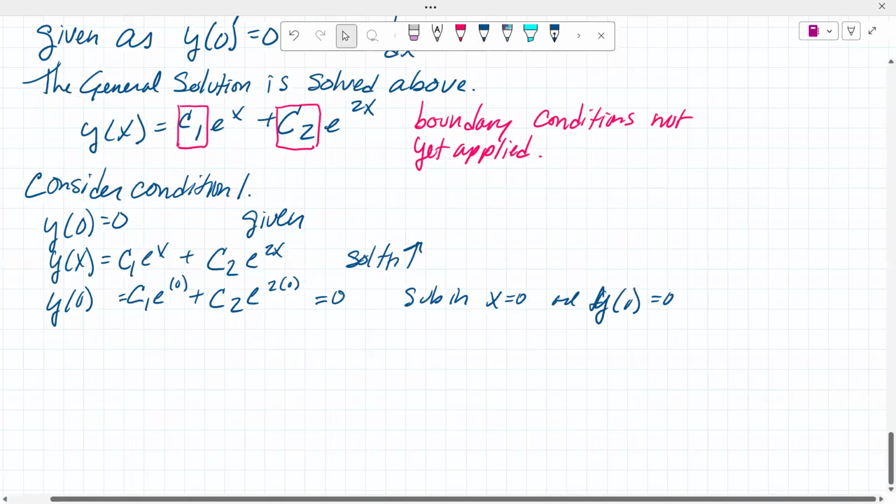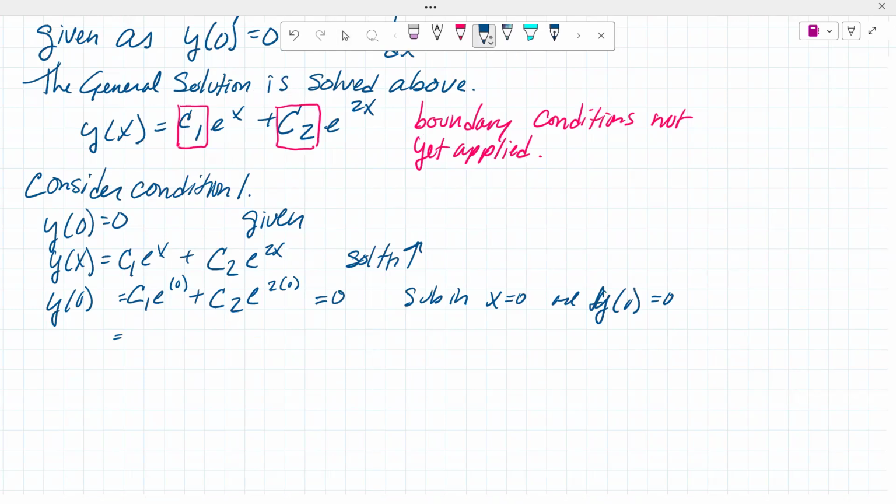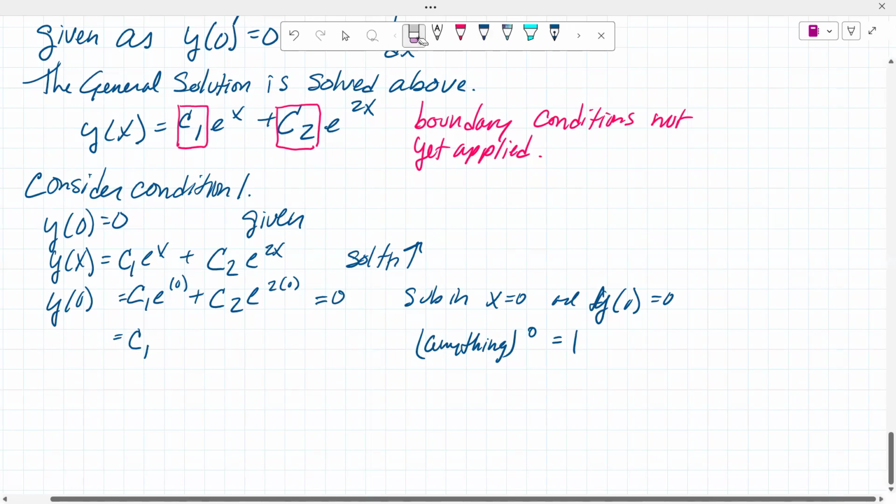Now we're going to simplify. Anything raised to the 0 power equals what? 1. So we're going to make use of this fact. e to the 0 is 1.